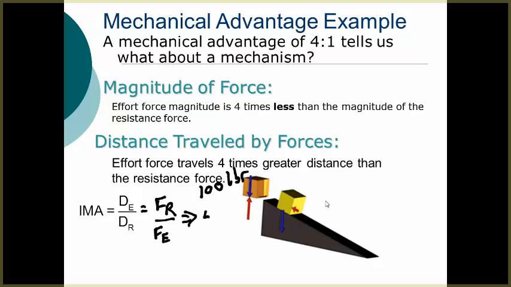If my ideal mechanical advantage was 4 and the load is 100, ideally speaking, my effort should only be 25 pounds. So to get that box pushed up the ramp, I have to apply 25 pounds of effort force to lift it upwards. Okay. This right here is known as our ideal effort force.